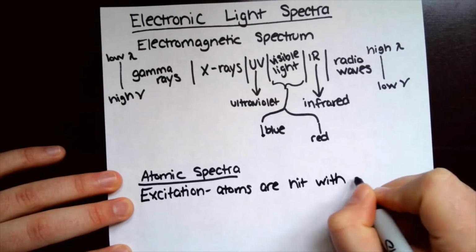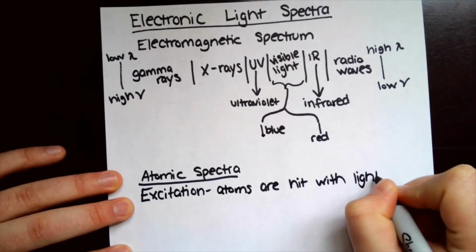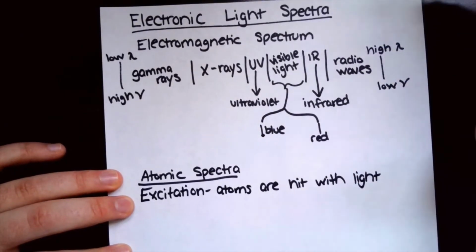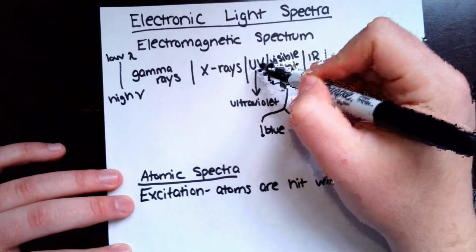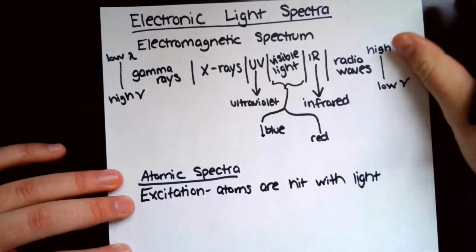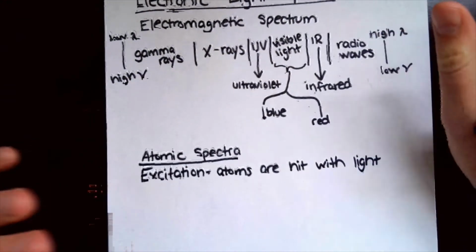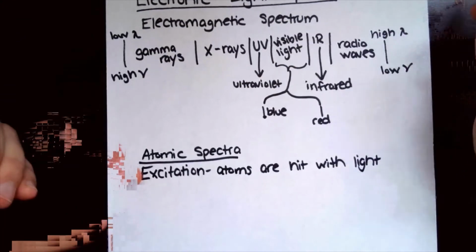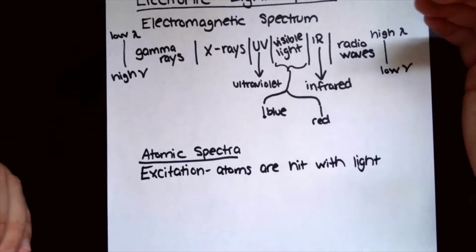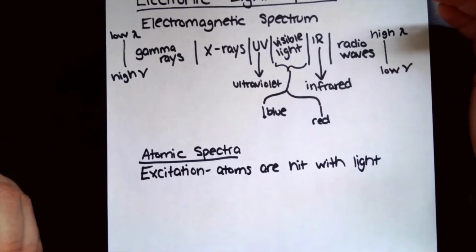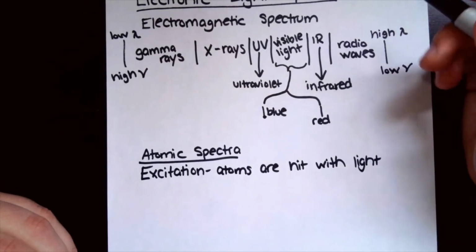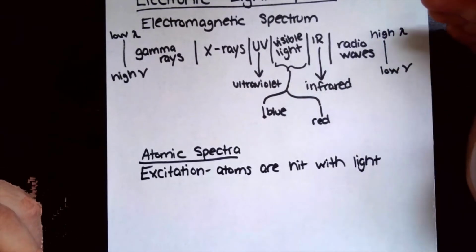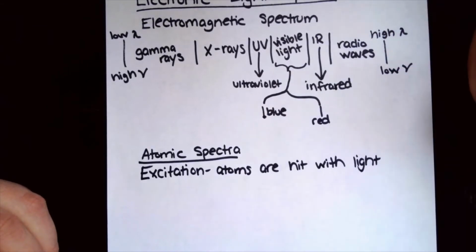So you shine light of a certain type of wavelength, and the wavelength varies, but usually some light in the UV range. You shine that on various atoms, and they'll get excited. What exciting means will make more sense, hopefully, with some of the next videos later on in this chapter. But basically, it means that it moves an electron to an excited state.